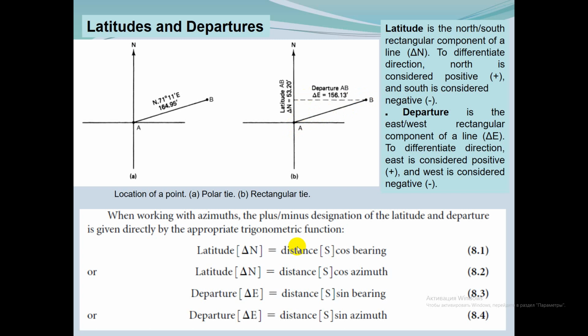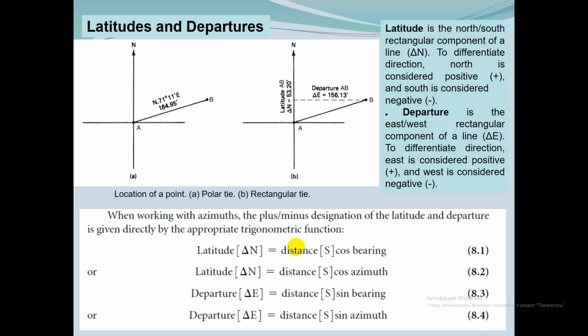So latitudes and departures can be used to compute the precision of a traverse survey by noting the plus-minus closure of both latitude and departure.